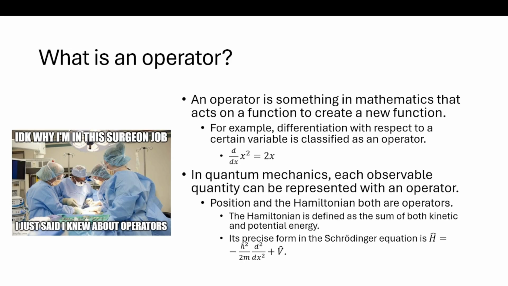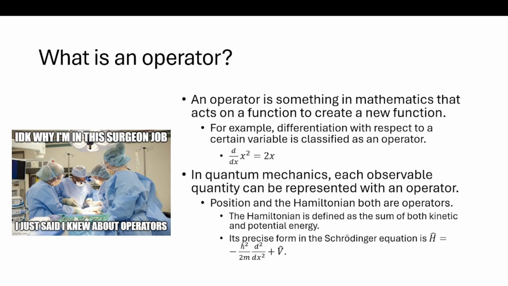Now, how exactly are we going to use operators in quantum mechanics? Well, in quantum mechanics, each quantity that we observe can be represented with an operator. What I mean by this is that these operators act on the wave function to yield these quantities or properties of the quantum mechanical system.